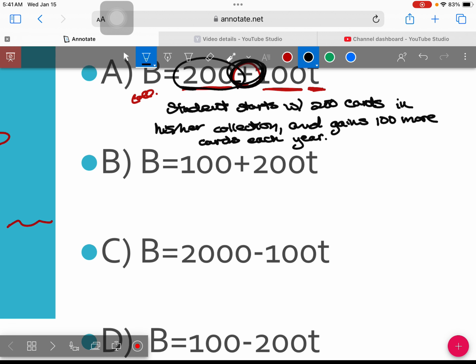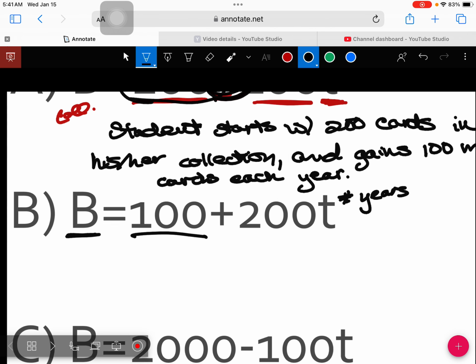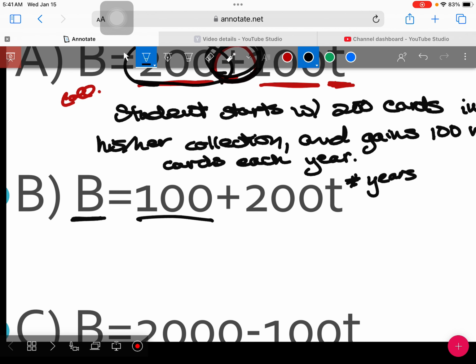Let's take a look at the second one, letter B. The number of cards in the collection is equal to 100 plus 200 times t, where t is our number of years. So very similar to the first one with slightly different numbers.